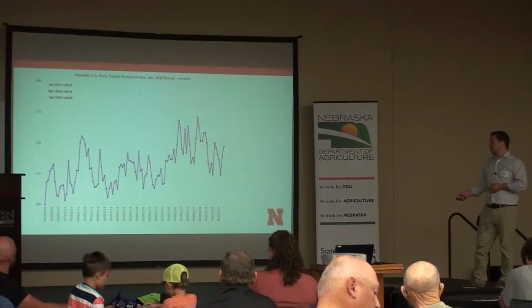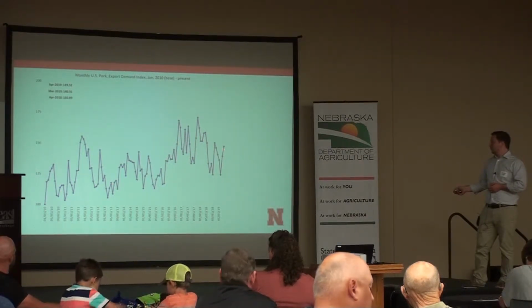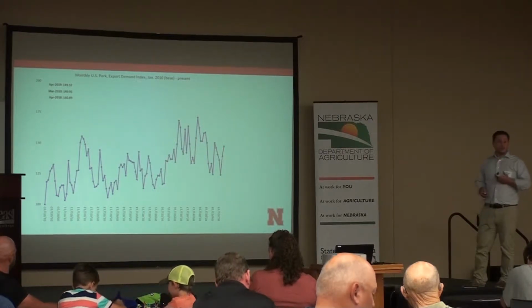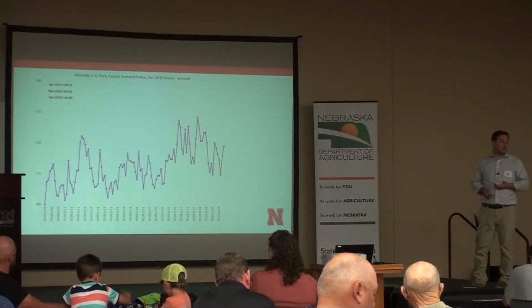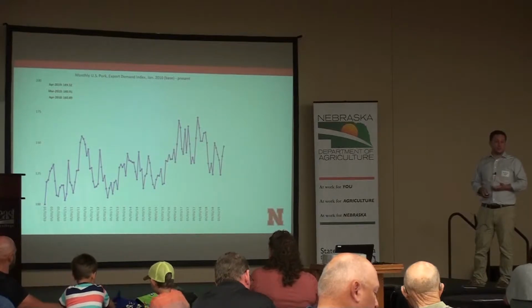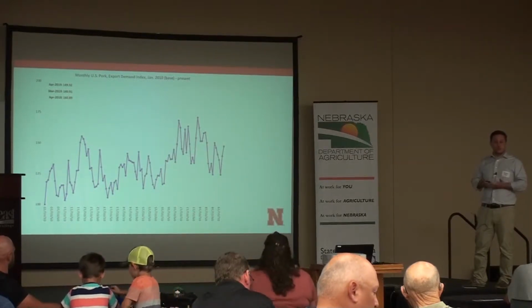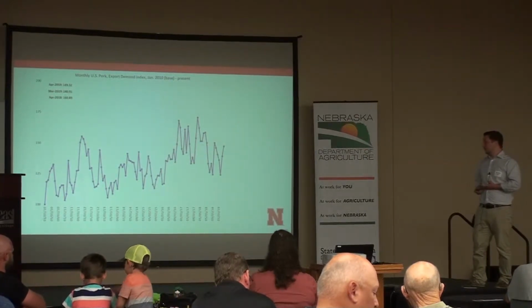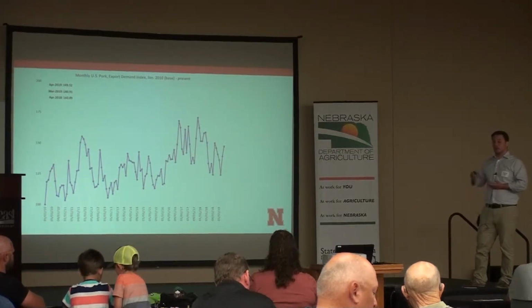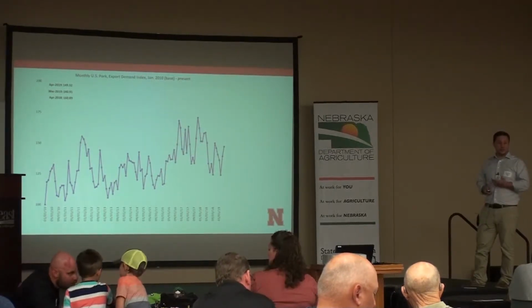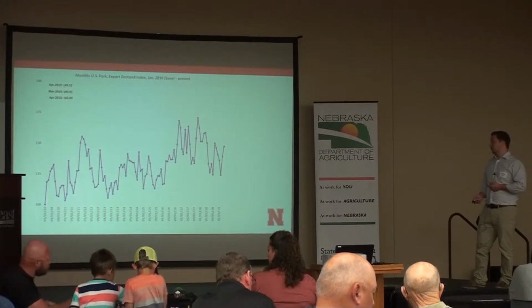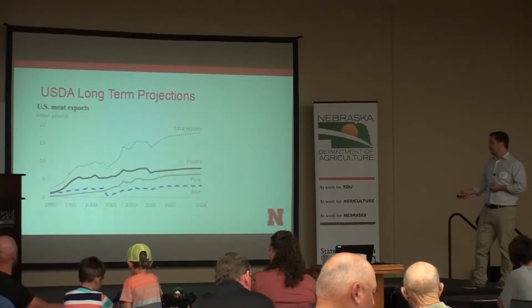From 2010 to 2019, we've had almost a 50% increase in pork export demand. That's huge. And so as we look at the profitability going forward, and we look at opportunities moving forward, continuing to develop and make sure that export demand remains strong is a key determinant.